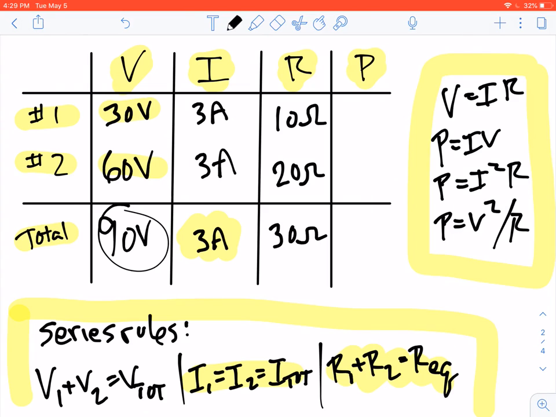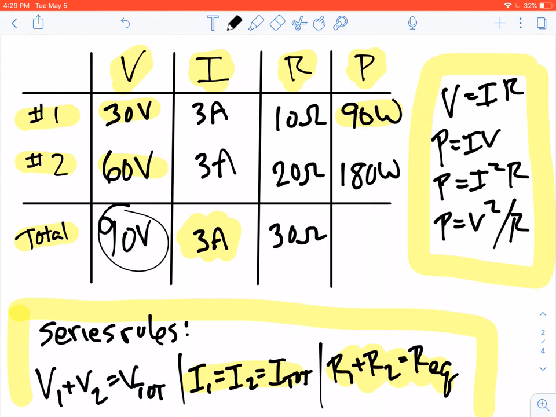Now, if we wanted to do the power as well, here I wanted to get the power for the first resistor. I could say power is equal to I times V. 3 times 30 is 90 watts. The second resistor, 3 times 60, is 180 watts.